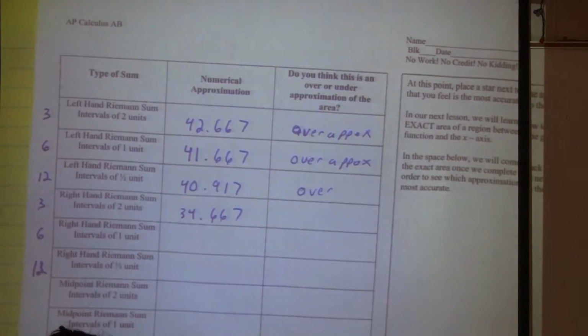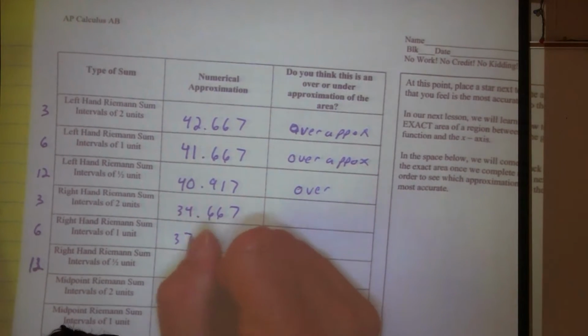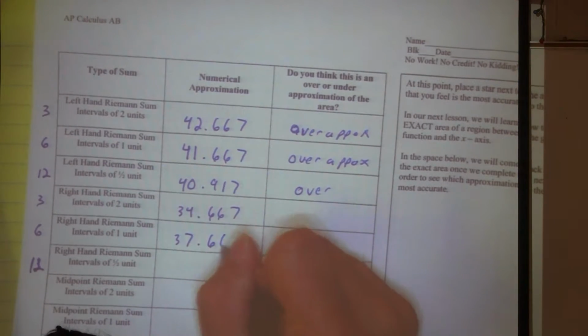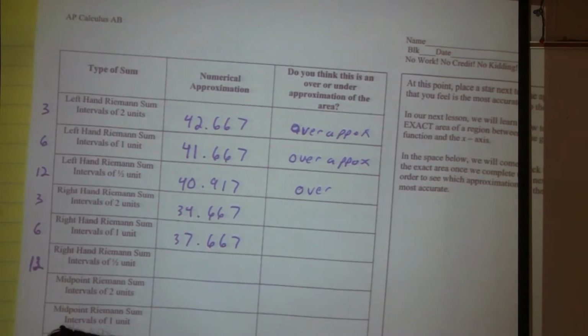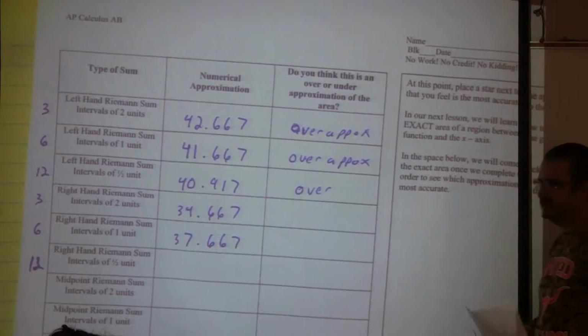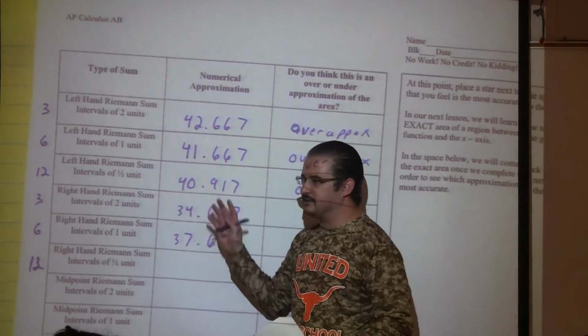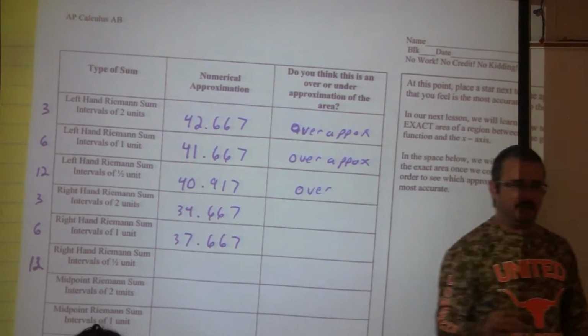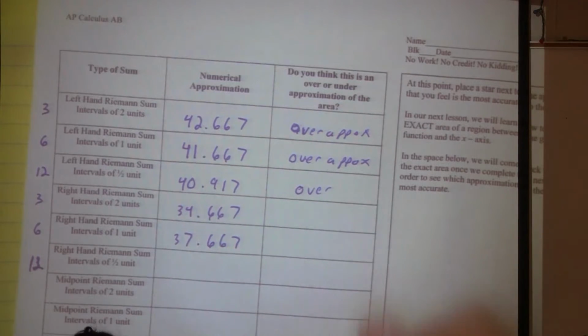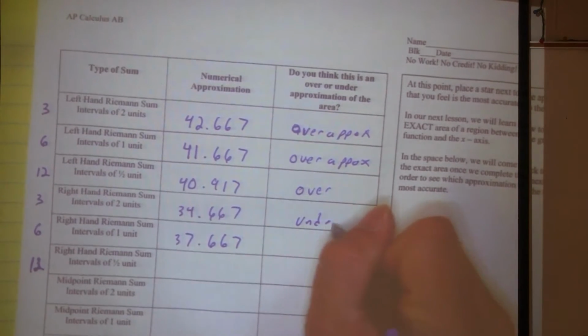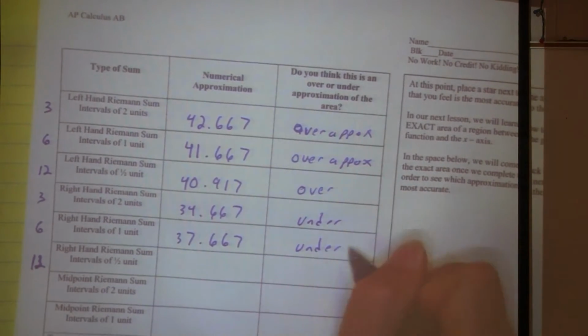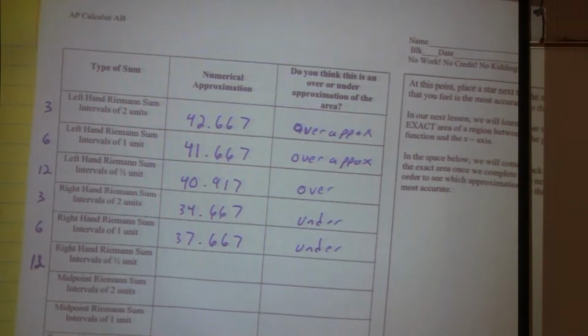34.667. Before I decide if it was over or under, let's add more rectangles. So the second time we did it, we got 37.667. So what happened to my approximation? It increased, right? So it's growing, so that means that my answers are under approximation. They're getting more exact as I add more rectangles, and they're growing.